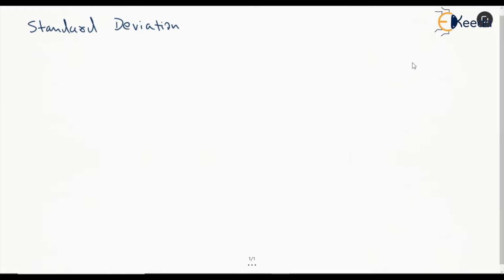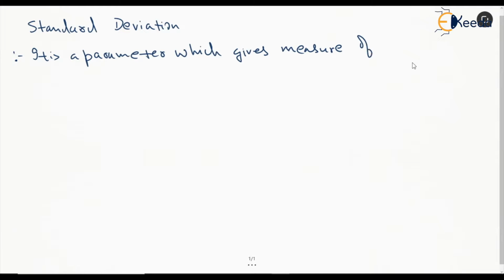Now we have already studied variance and expected value, where we saw that variance is a parameter which gives the measure of spread and standard deviation is the square root of variance. So again, it is a parameter which gives the measure of spread of values or data of a variable.